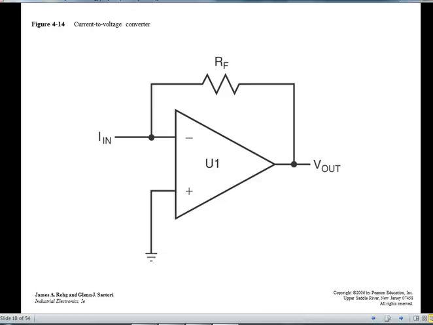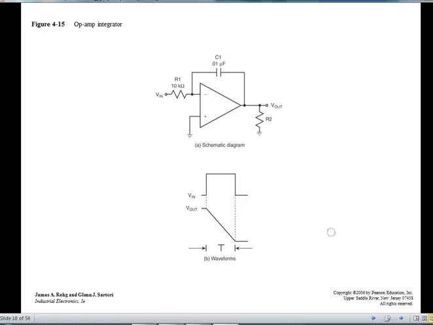I can also go current to voltage converter. So whatever my current in is, my voltage out is. I'm gonna get voltage instead of getting current going to the load. Clearly I'm going to have both. I can have an operational amplifier that integrates.